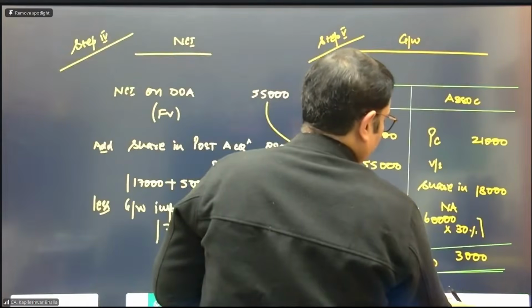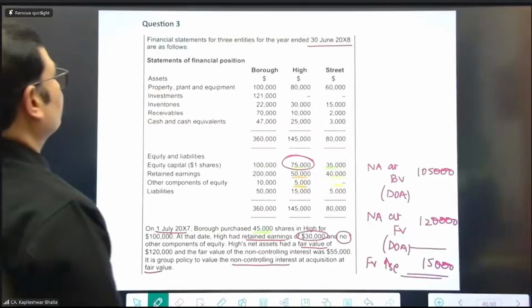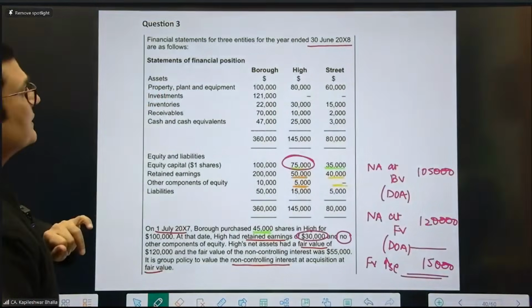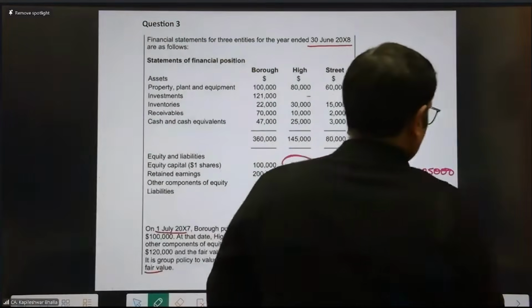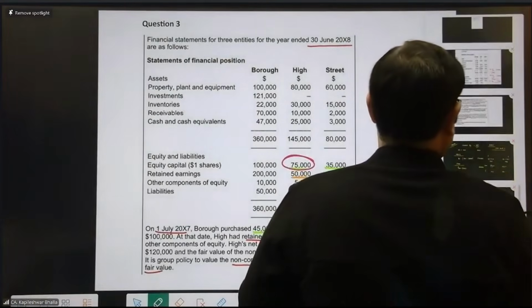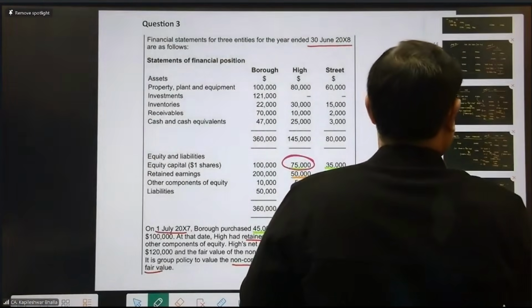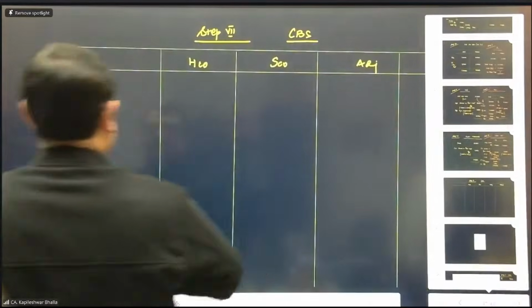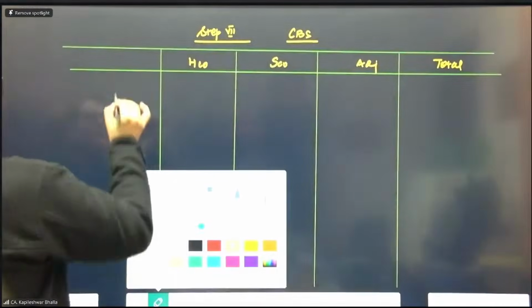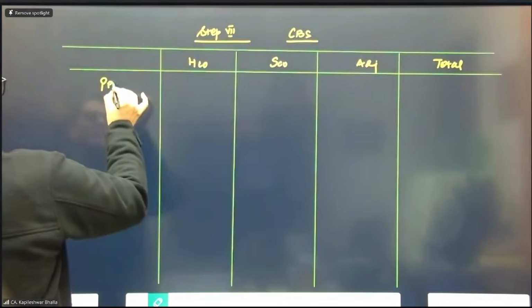So let's go back to the balance sheet. We'll have to pick up the figures. Let's add the PPE, 1 lakh plus 80. I think we'll have to keep jumping on this. Let's consider the PPE.